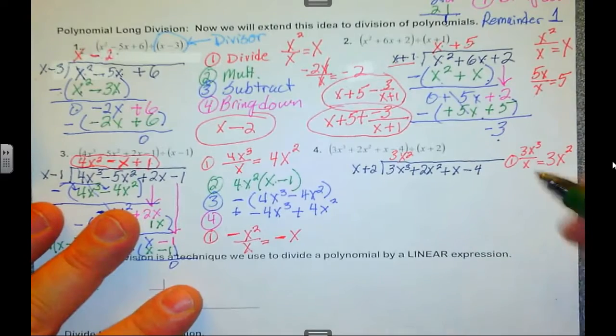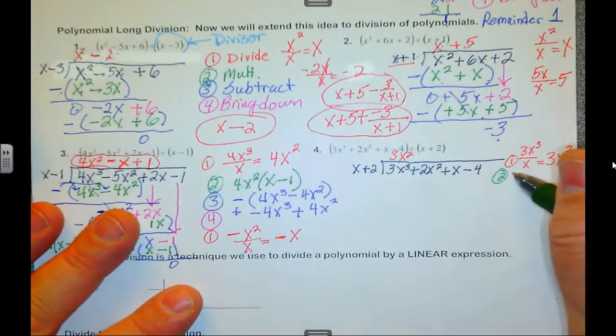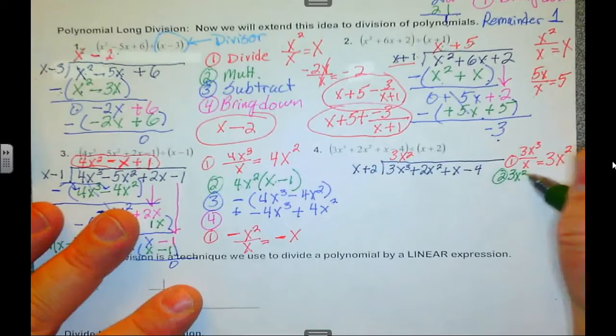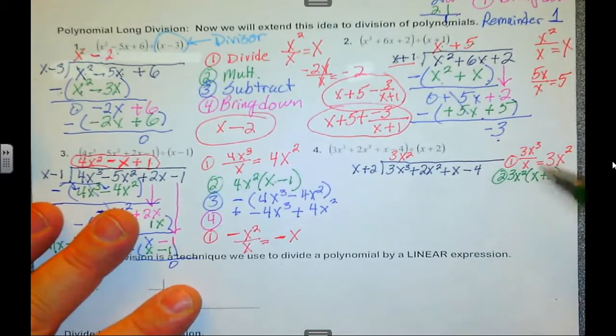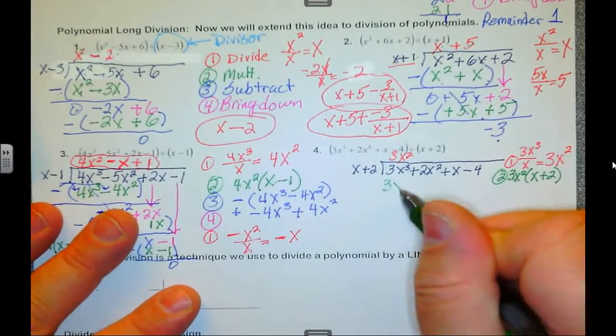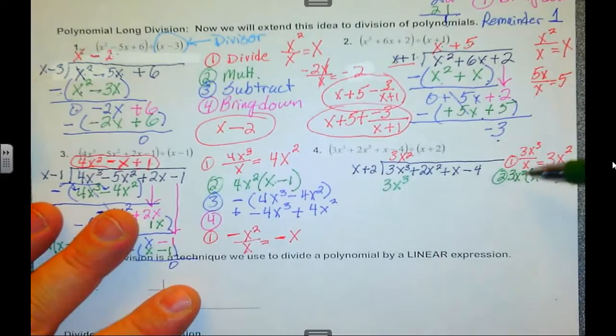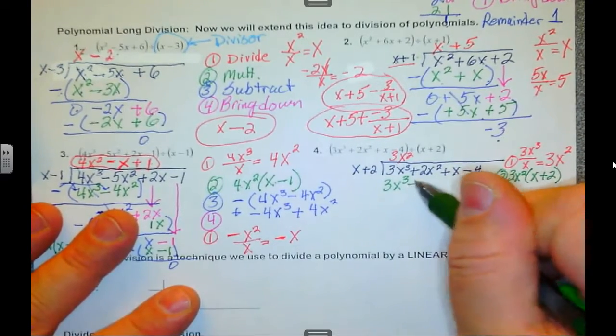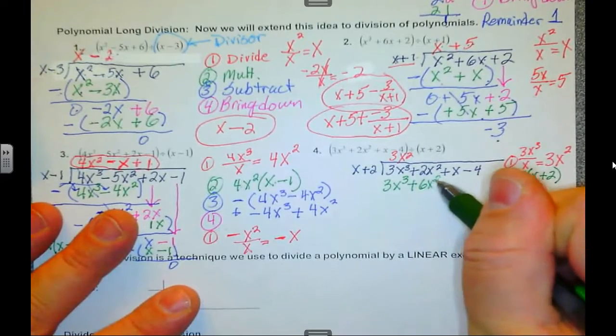Second step, multiply. I'm going to multiply 3x squared times x plus 2. 3x squared times x, 3x cubed. 3x squared times 2, 6x squared.